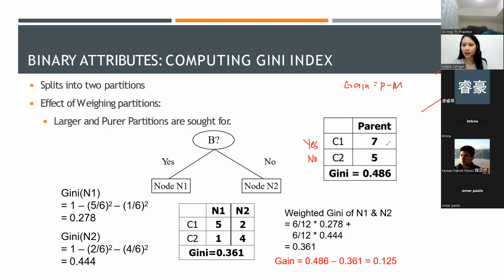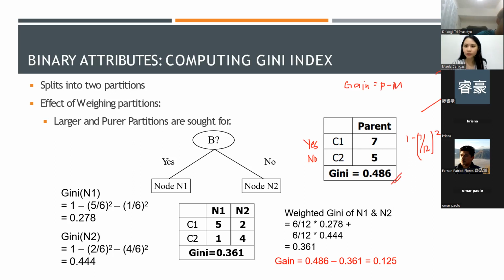So this is where the parent comes in. We calculate this value by 1 minus 7 over the total 7 plus 5, that's 12. So 1 minus 7 over 12 squared, minus 5 over 12 squared. And then the value would be this one.